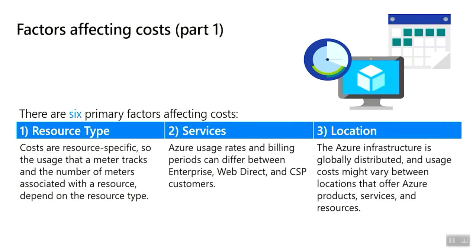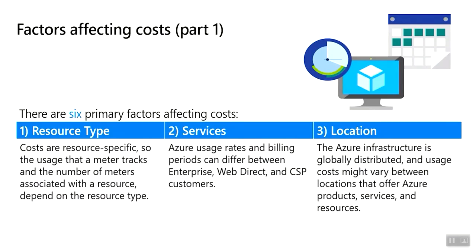Finally, is going to be location. Location is going to impact your costs because yesterday with Lorraine, you took a look at all the different regions all over the globe. I mean, we have over 60 regions in 140 countries. Every country has different costs. Switzerland, for example, does have a higher cost to operate a data center there.